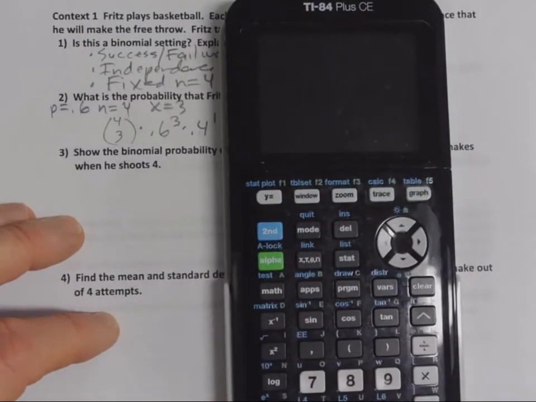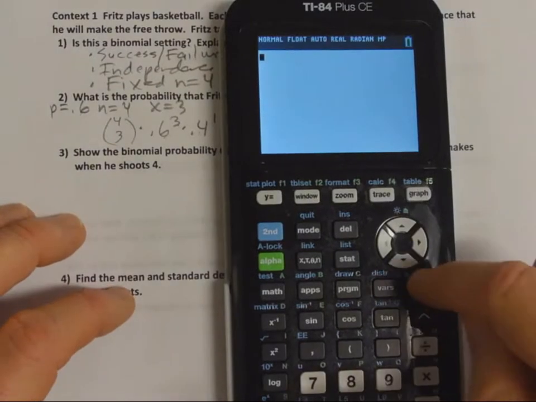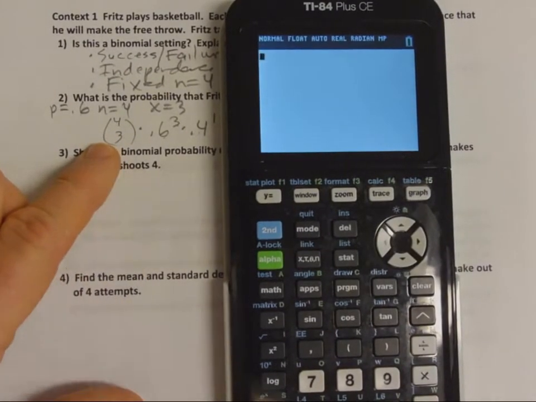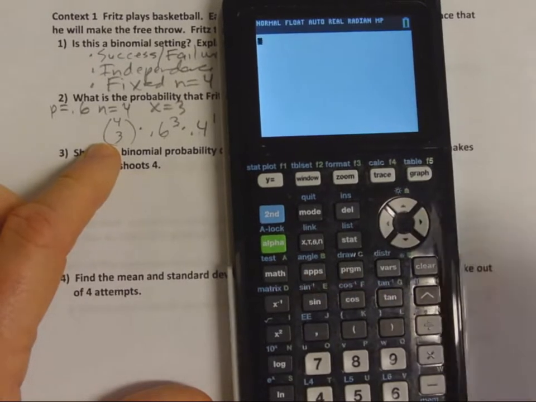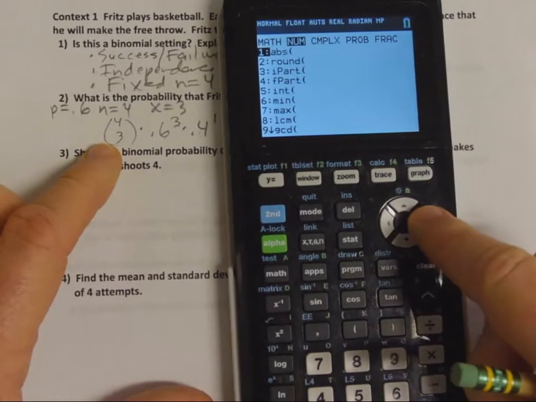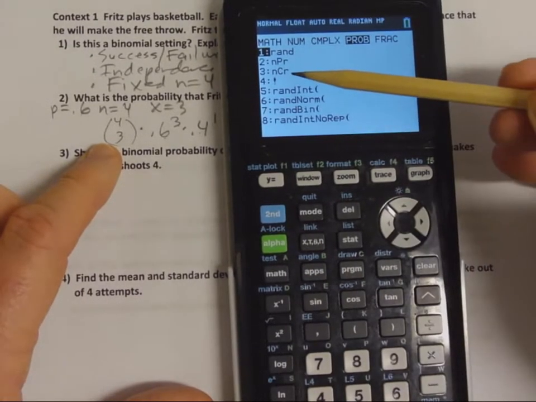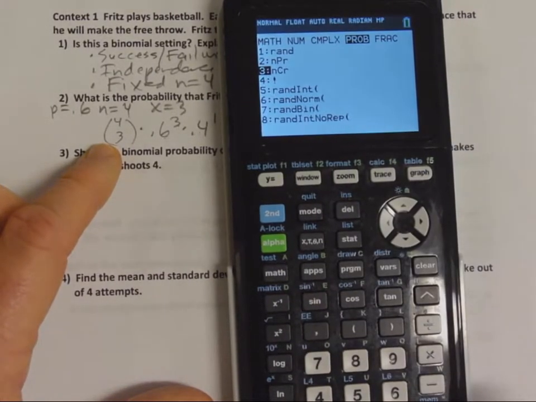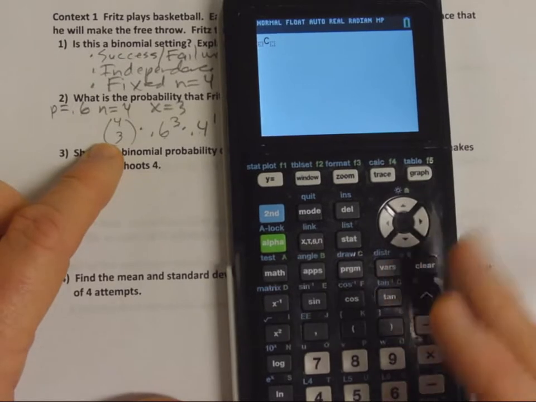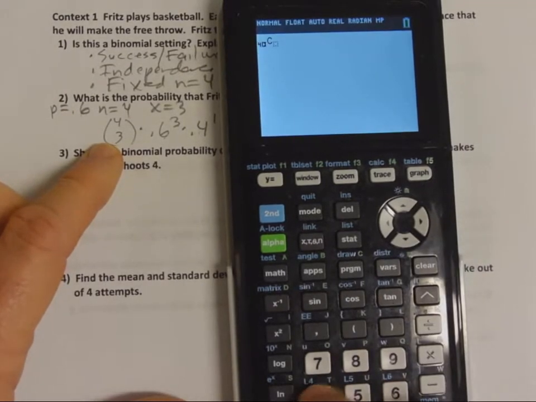So, by the way, let me show you, first of all, the shortcut to finding 4 choose 3. 4 choose 3 on your calculator is on the math menu. If you go to math and you go over to probability, there it is, the third one down. That's what we call the choose function. It's the number of different ways you can choose, in this case, 3 objects from a group of 4.